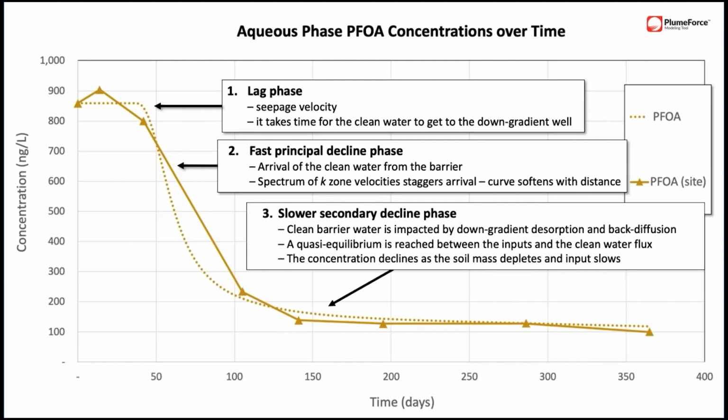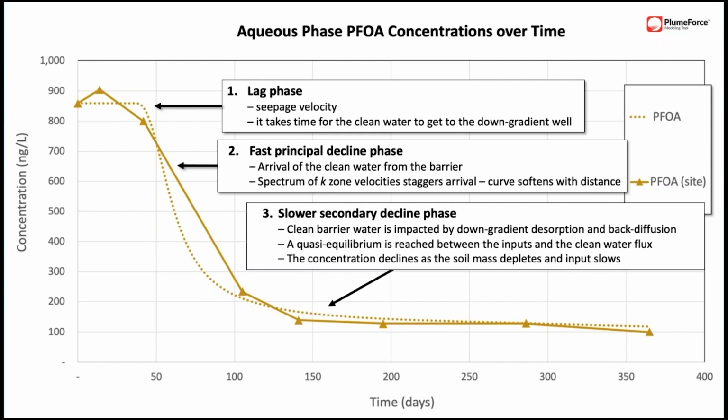And this is because this particular well is further down gradient from the barrier than the one we looked at before. And this greater distance naturally results in a longer lag time before the clean water arrives. The principal decline phase is less abrupt, as the marathon runners, to use an analogy, are further from the starting gun, and so not all particles arrive at once owing to the different K-zone velocities within the subsurface.